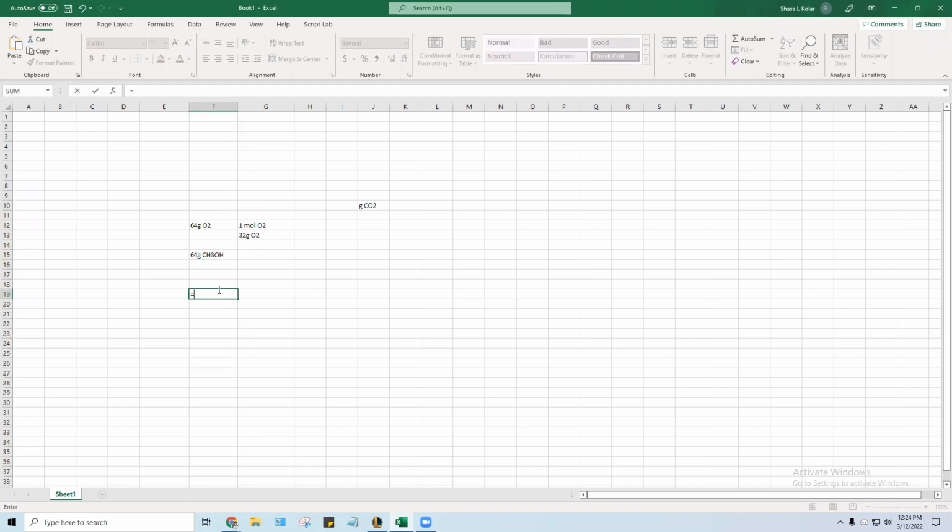So equals, and we have a carbon, which is about 12.01, added to 4 hydrogens, 4.04, because they're about 1.01 each, and then 1 oxygen, which is 16 grams. So then we have 32.05 grams CH3OH per mole of CH3OH, which gives us, so this gives us about the same, so this is about 2 moles each.